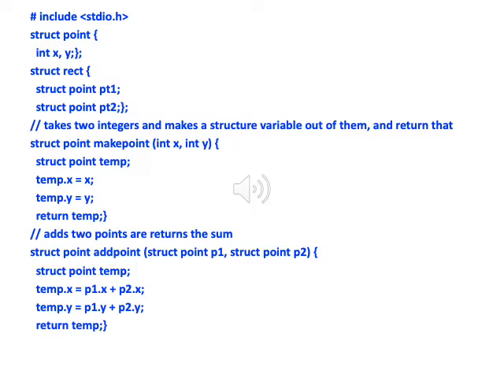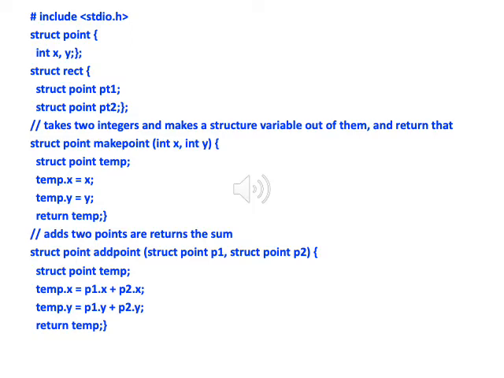It turns out that all of these operations are possible with structure variables as well. So to illustrate some of these aspects, let us now look at this slightly larger program.